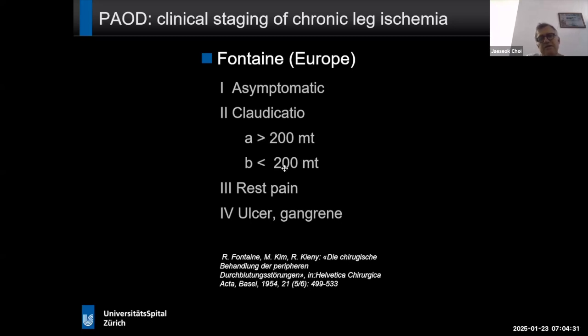And 2B is those who start having pain below 200 meters when they walk on a flat plane. Stage 3, rest pain. And finally, stage 4, those are the patients with toe ulcers or foot ulcers and gangrene.